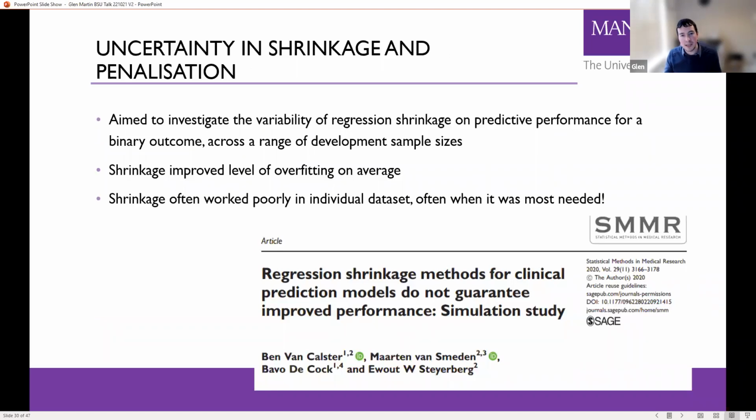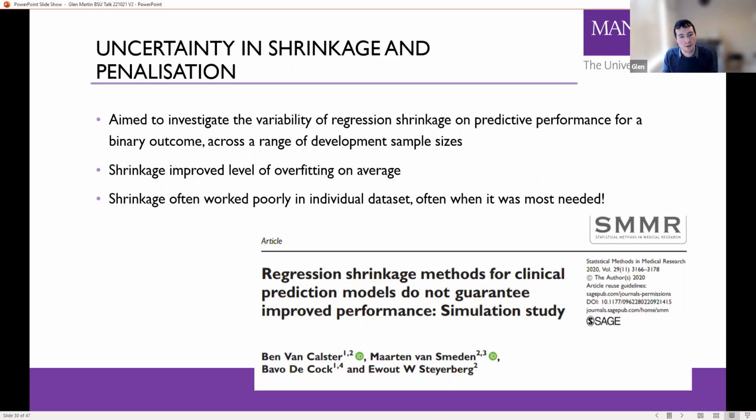But because we're estimating those shrinkage factors and the penalization terms, they're obviously being estimated with uncertainty. And so this paper that I'm just showing on this slide here aimed to investigate the amount of uncertainty in those terms and the knock-on effect it has on predictive performance.